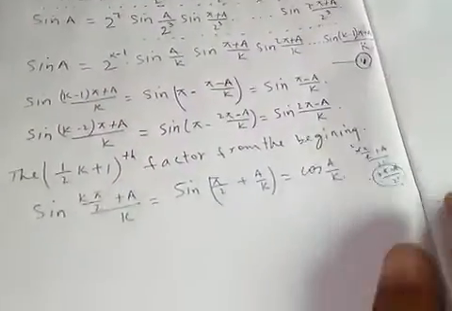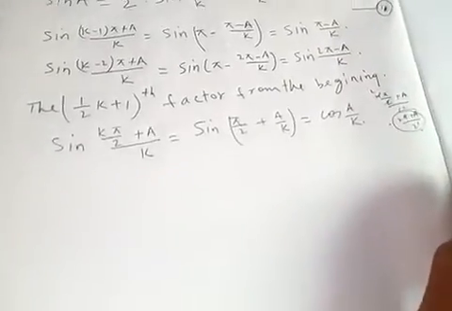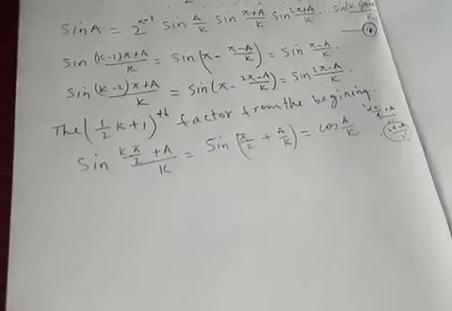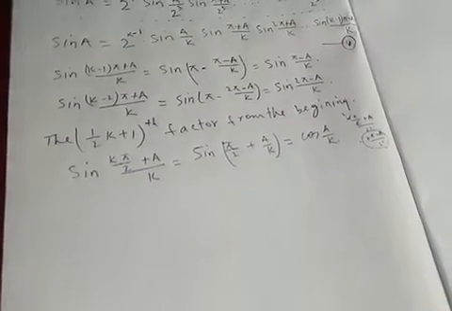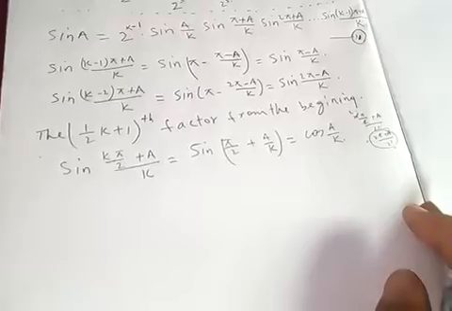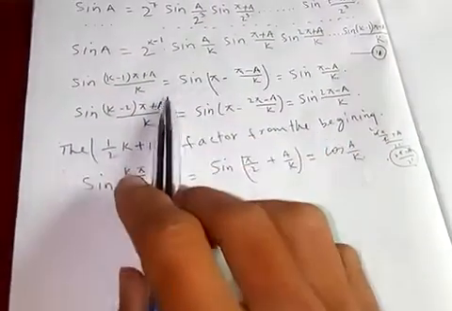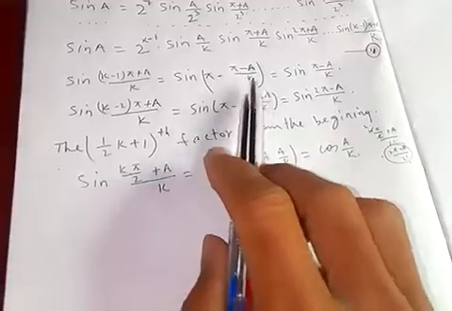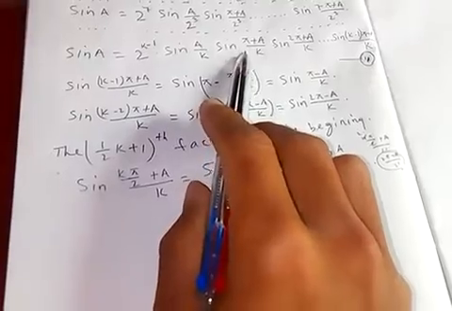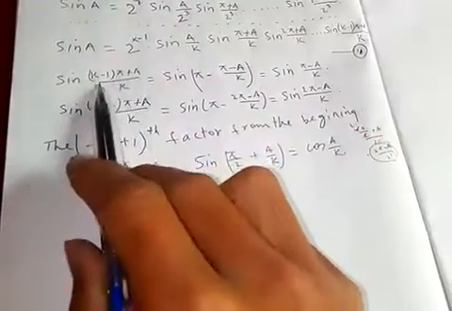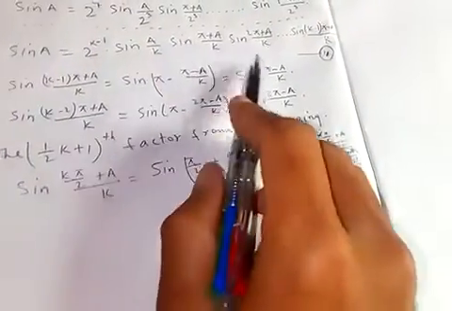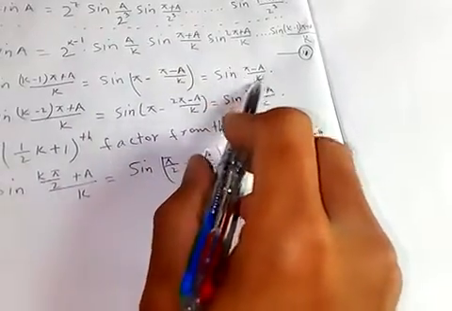Okay, now next will be, from equation 1, combining the last term and the second term, second factor and last factor, because they are conjugate, because sine of pi plus A over k and pi minus A over k.